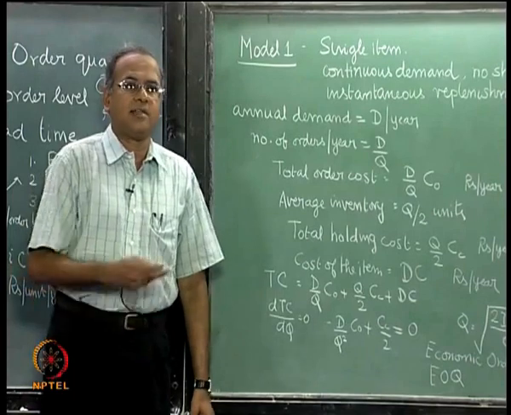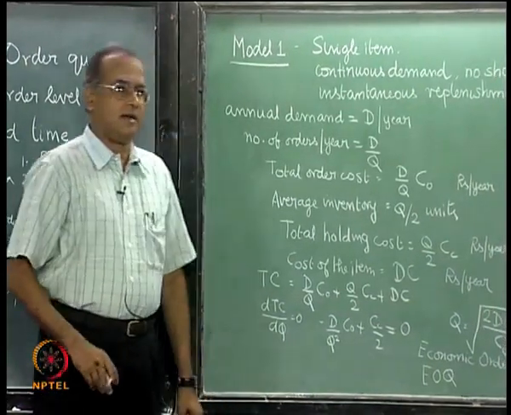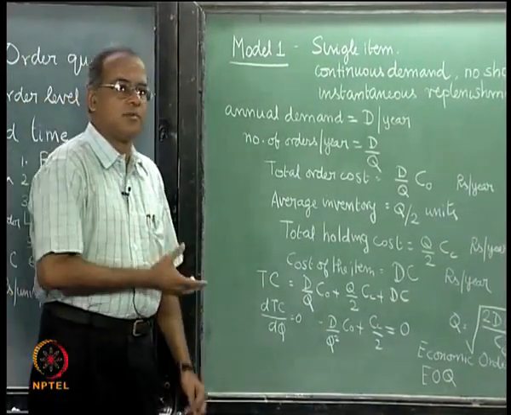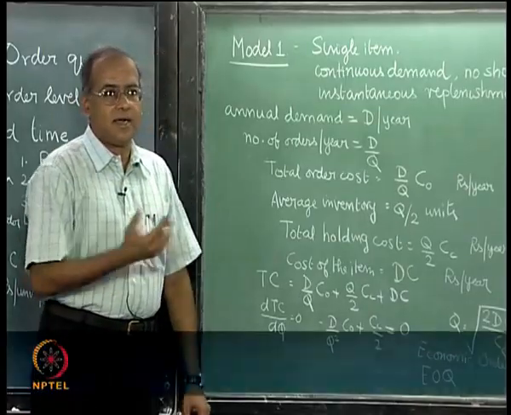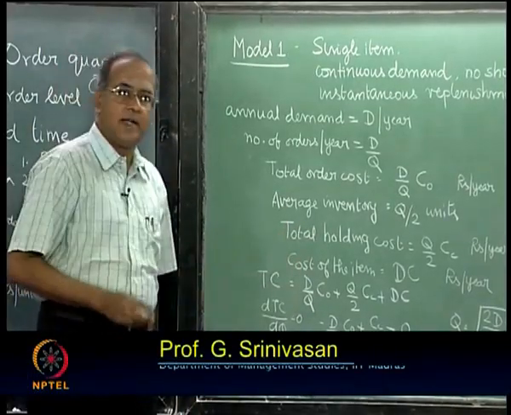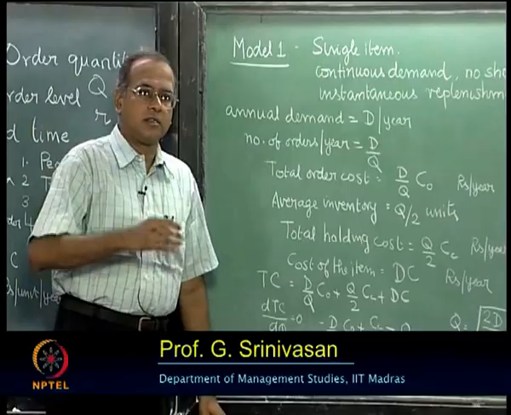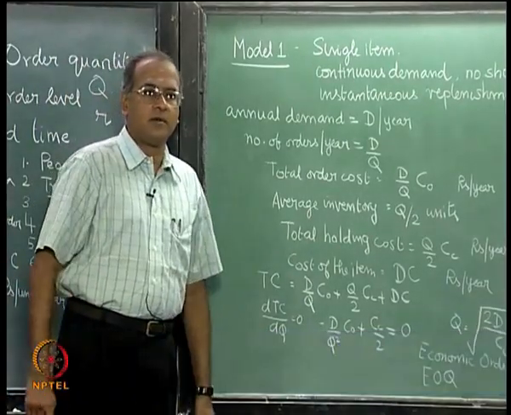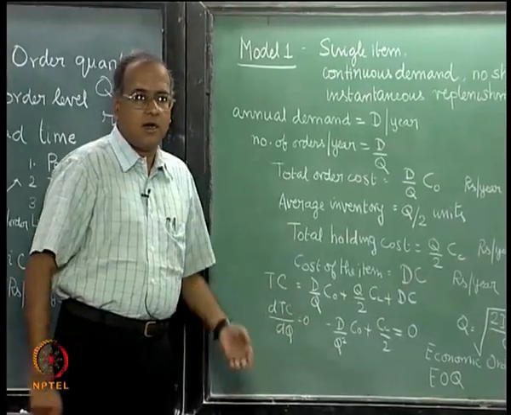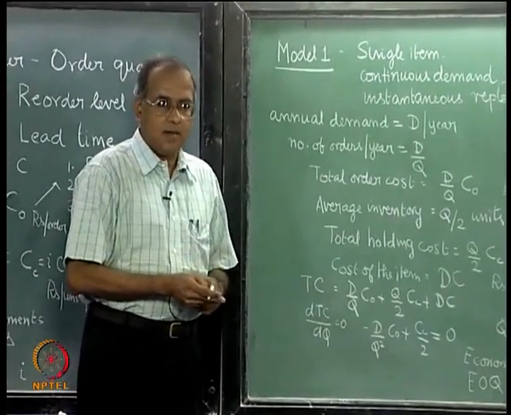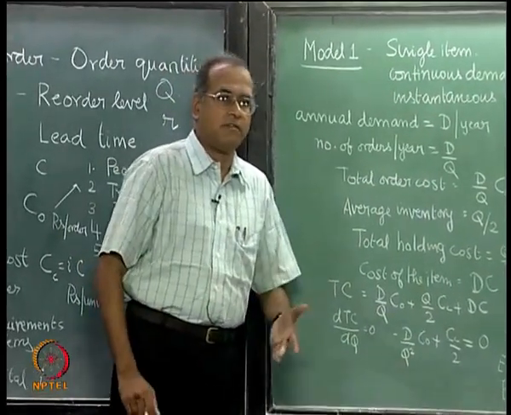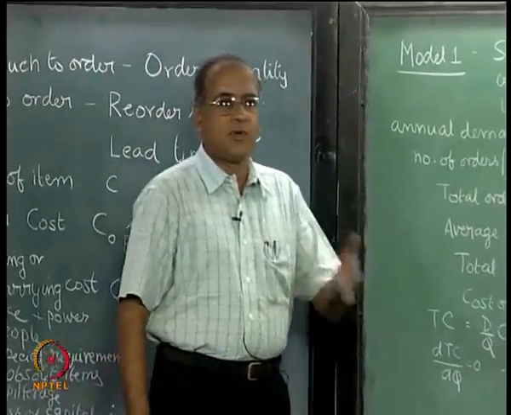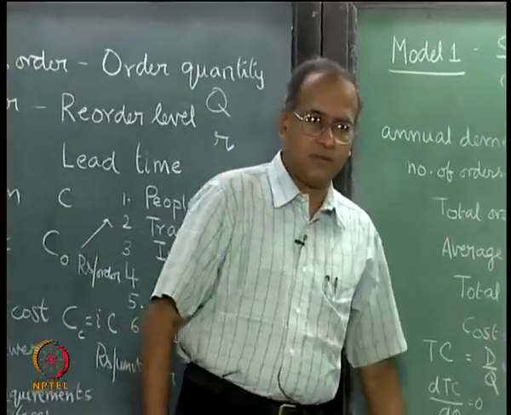It is also called Harris's inventory formula, and the literature talks about the contributions of both Wilson and Harris, who supposedly independently derived or thought about the use of such a formula to find the economic order quantity, or the order quantity that minimizes the sum of the ordering cost as well as the carrying cost.